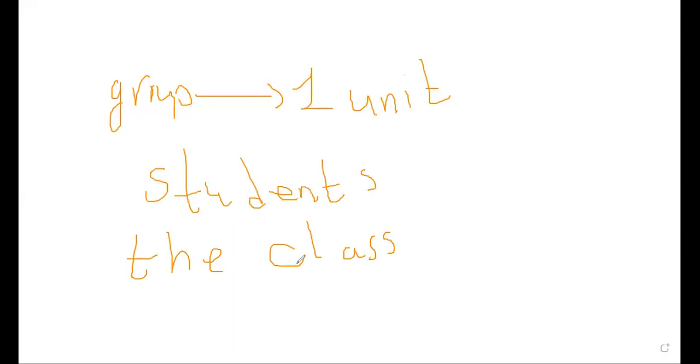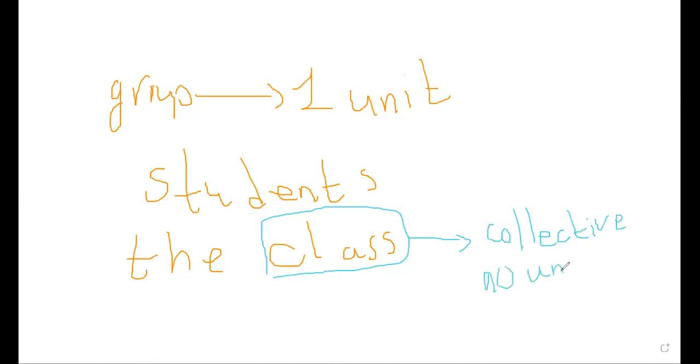In the noun class, I mean the students themselves will go on a trip. So here I collected the students together and talked about them as one unit. So I call this noun a collective noun. Excellent.